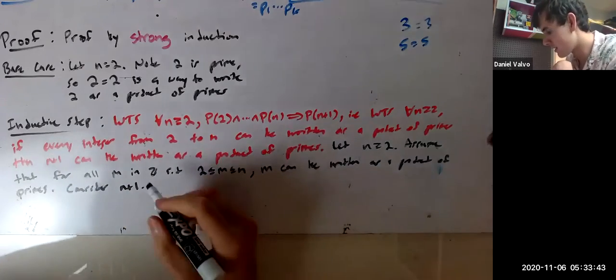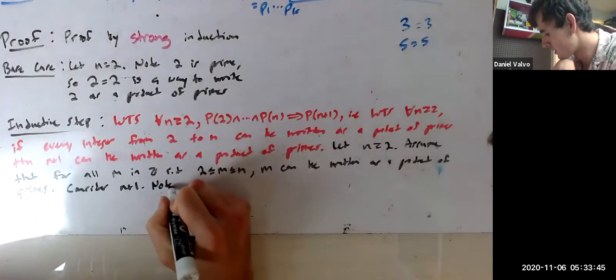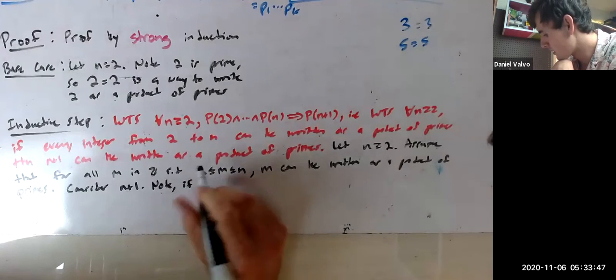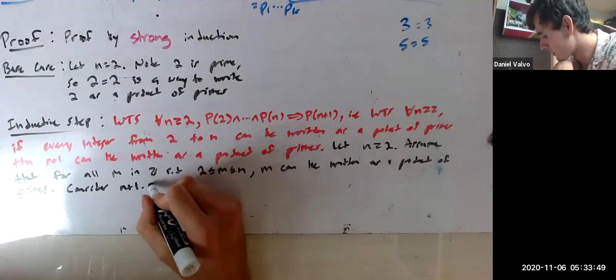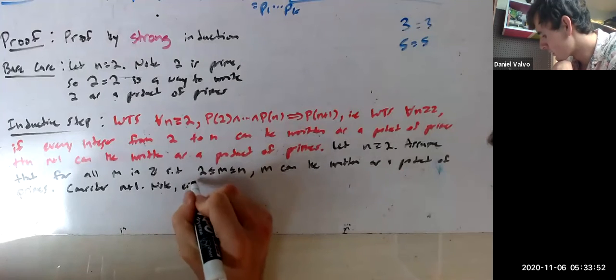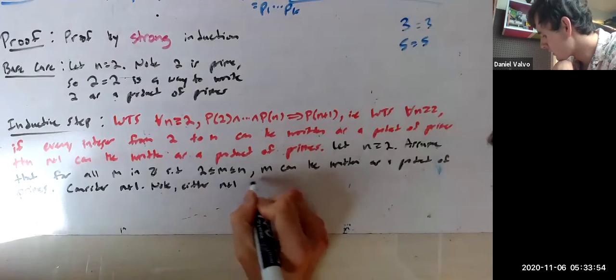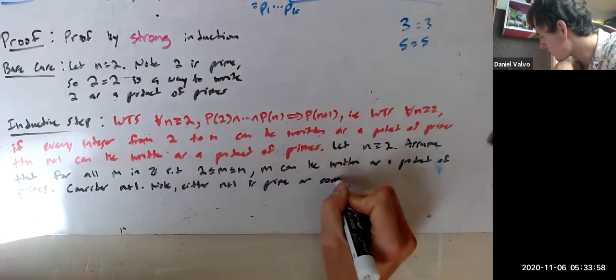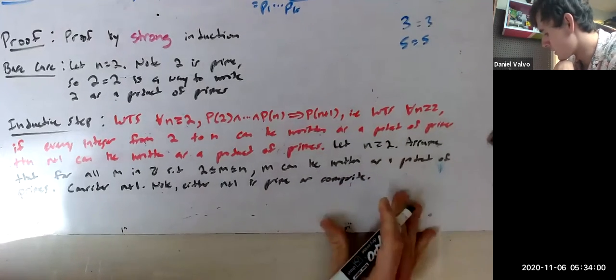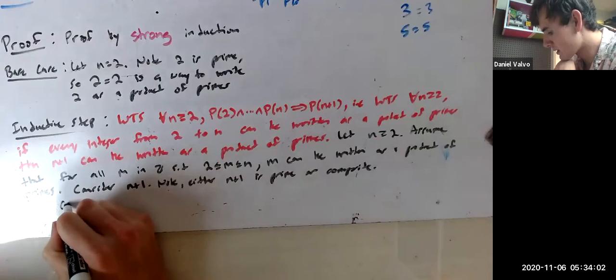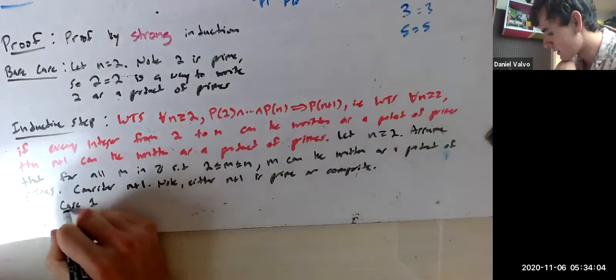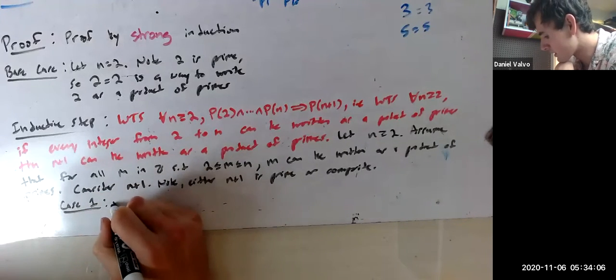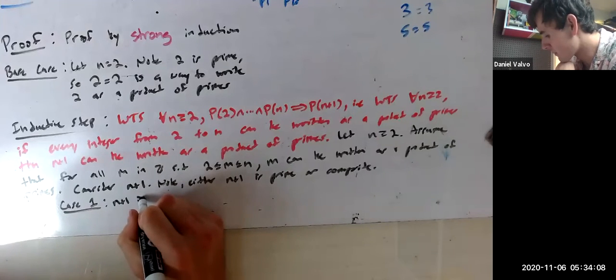So actually, let's divide into cases. Either n+1 is prime or composite. So we'll divide into cases. Case 1: we're going to assume n+1 is prime.